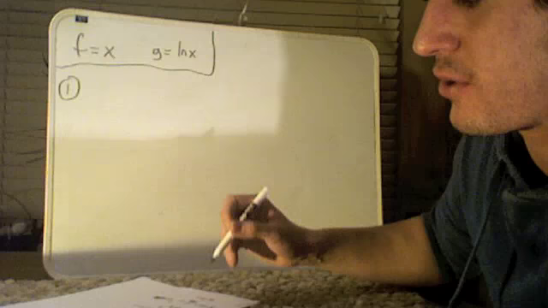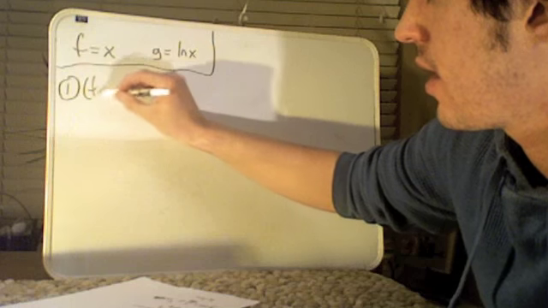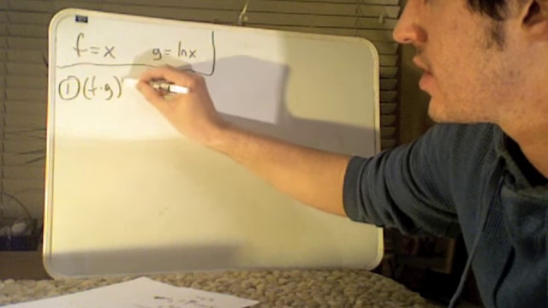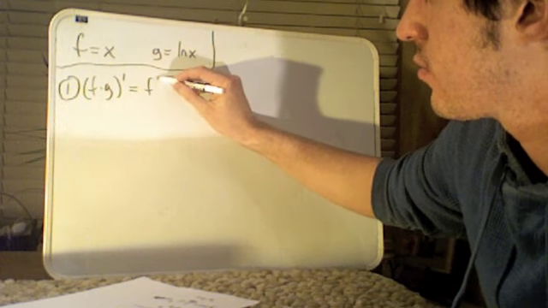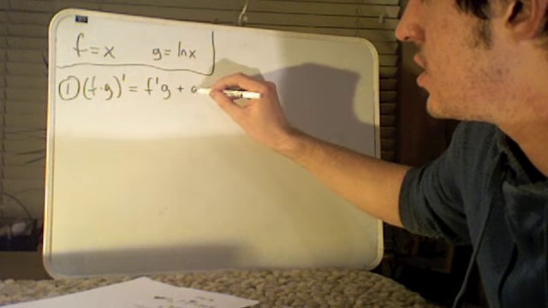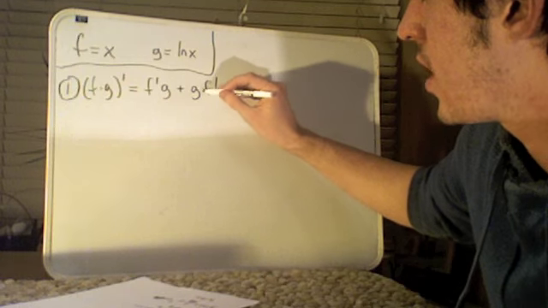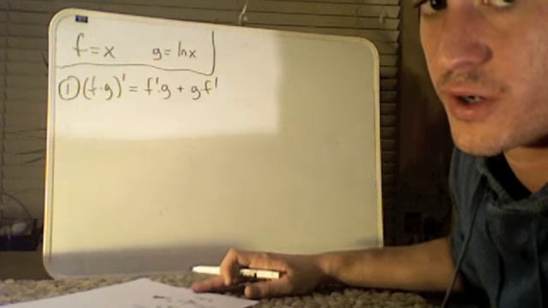Okay, first step was write the product rule. So, (fg)' is equal to f'g plus gf'. There's little multiplication dots here in the middle. Okay? It will get redundant, it will get old.